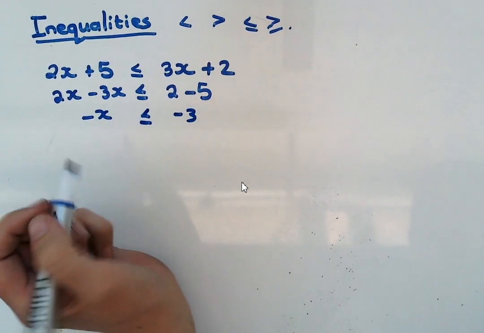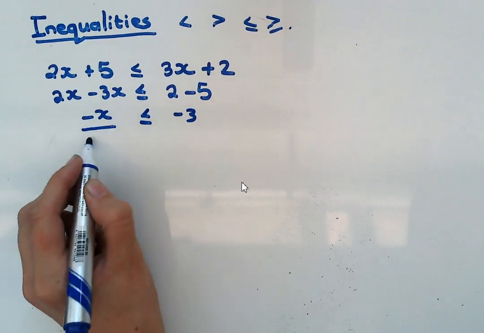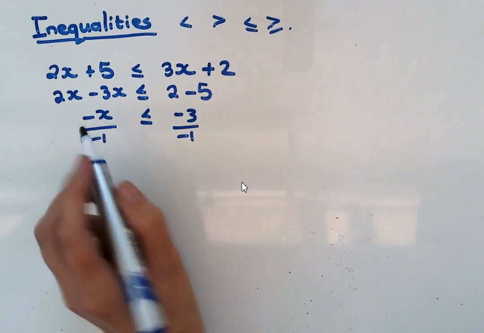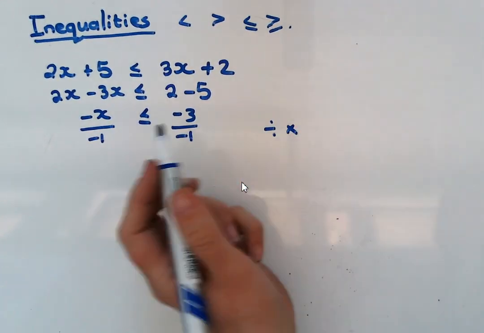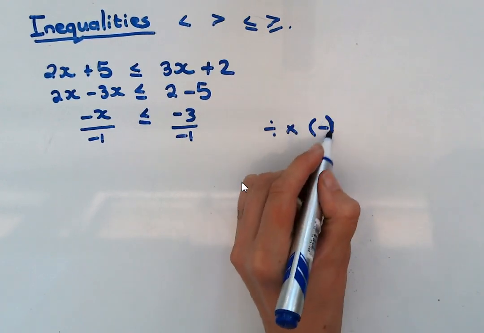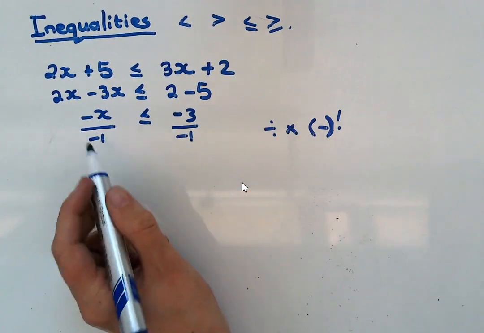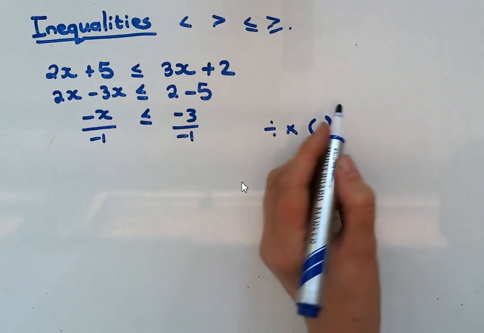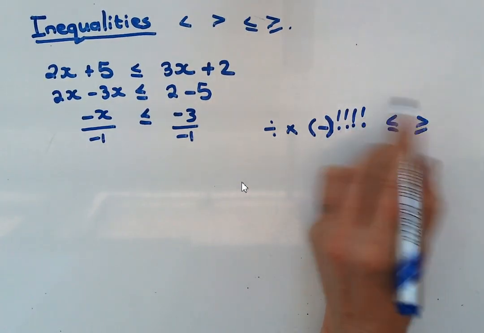Alright, the only thing that's different is if I now, this is minus x, so I want to divide by negative 1 on both sides to make that a positive x. Whenever you divide or multiply throughout this side and that side with a negative number, like here I divide by negative 1, that's a negative number, then you must remember to flip the sign around to the other side.